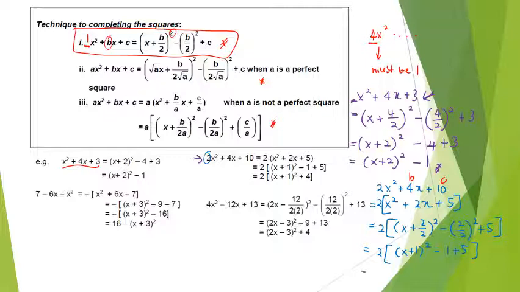Simplify lagi, (x plus 1) square plus 4. So 2 tu boleh darab dengan dalam. Kalau kita nak integrate, biar je 2 kat luar pun tak apa, nak darab dalam pun boleh. Mana-mana. And then yang ni boleh try. Ni saya dah bagi cara nak buat. So this is completing the square.